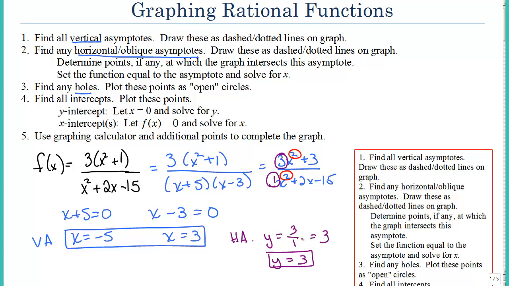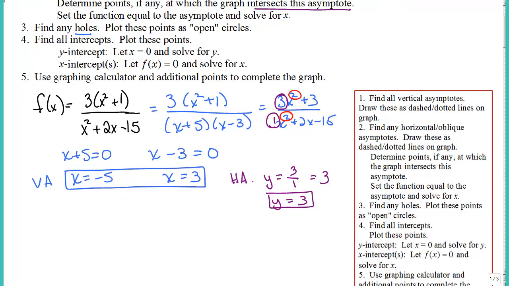However, I want to see if the graph intersects this asymptote. So I want to set the function equal to the asymptote and solve for x. So we're going to take the function, which is 3x squared plus 3 over x squared plus 2x minus 15, and we're going to see, does it ever have a y value of 3? Because if it does, then it means it intersects the horizontal asymptote.